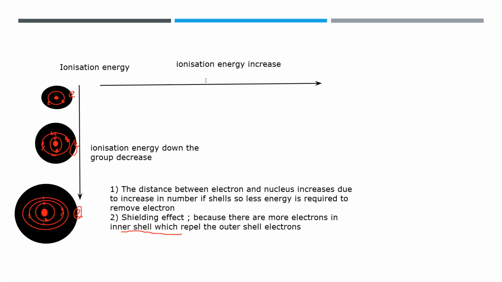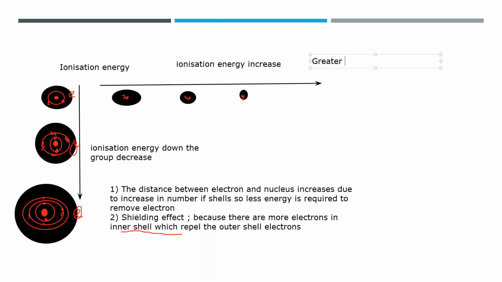Why does the ionization energy increase as we move across the period? Because the size of the atom is getting smaller and the charge on the nucleus is more. The nuclear charge is increasing. If a question asks why it increases, nuclear charge means it's about protons. For example, if this has 1 proton, this will have 2 protons, this will have 3 protons in the nucleus, and this 4 protons. So what's the reason?